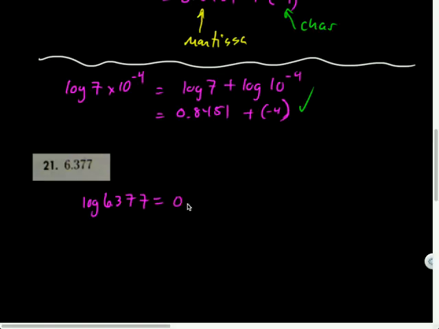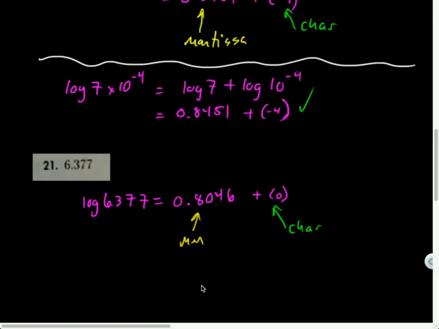And I get 0.8046. So it turns out that the mantissa here is this part, and the characteristic is 0.